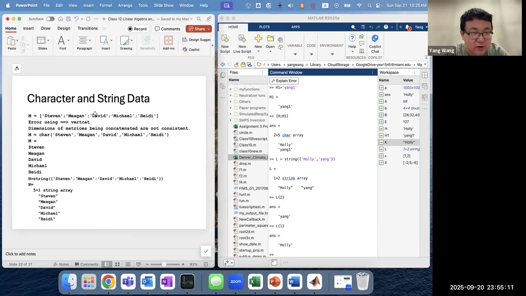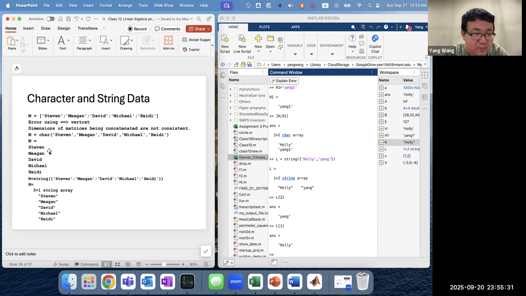You can have 5 different names, and then you can try to combine them as a character array, and you're going to get the error that their dimensions are not consistent. So you could use the method of converting using the char function to convert it into a character array.